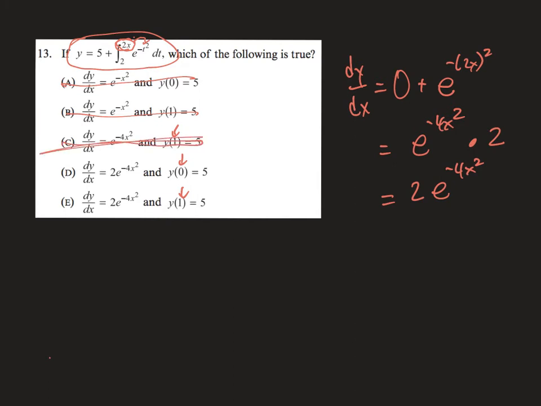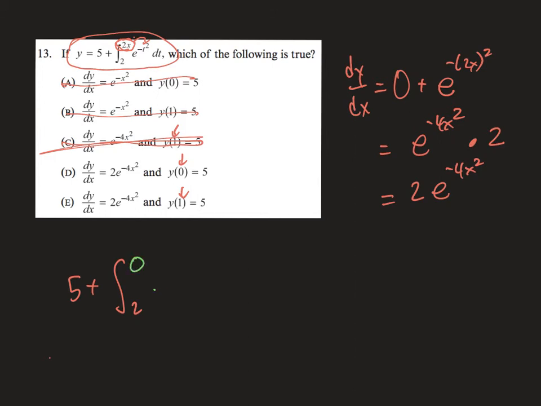So now we have to think about if I plug in 0 to this function, am I going to get 5 as the y value? Or if I plug in 1 to this function, am I going to get 5 for the y value? So remember, the function is simply 5 plus this definite integral. If I plug in a 0, then the top number becomes 0.